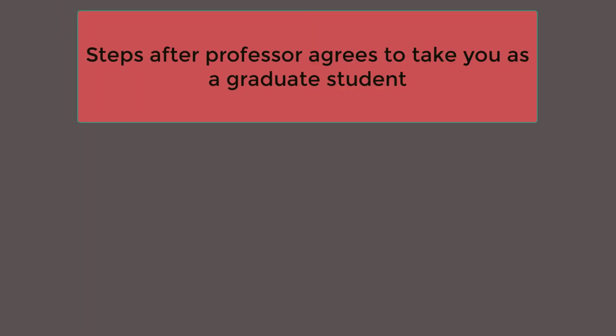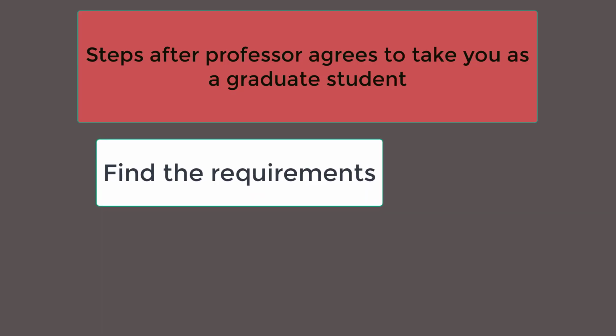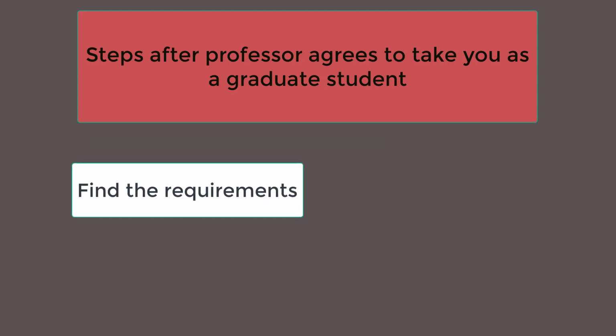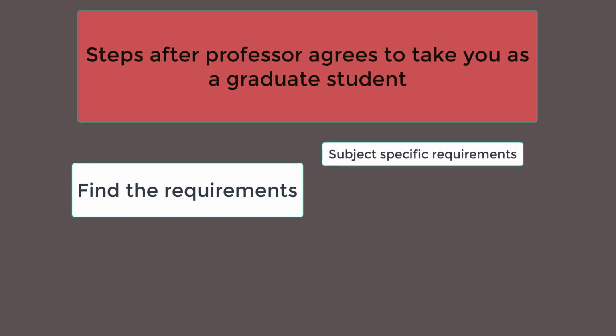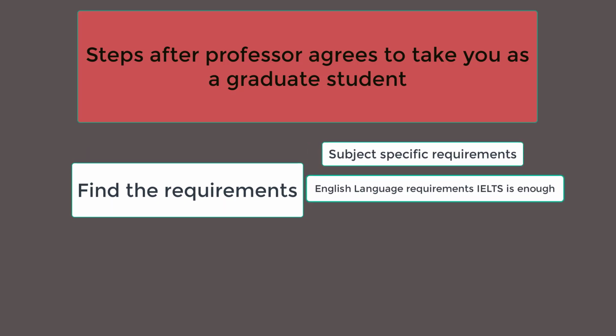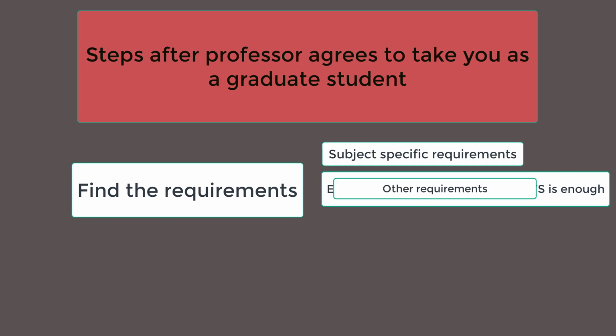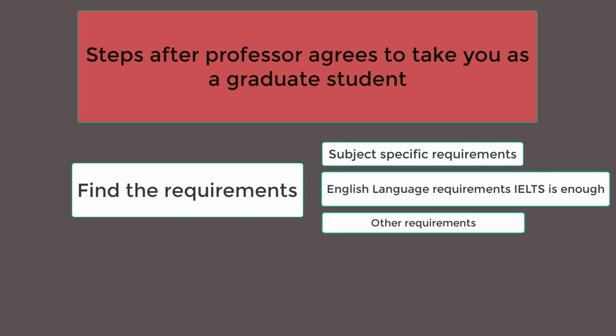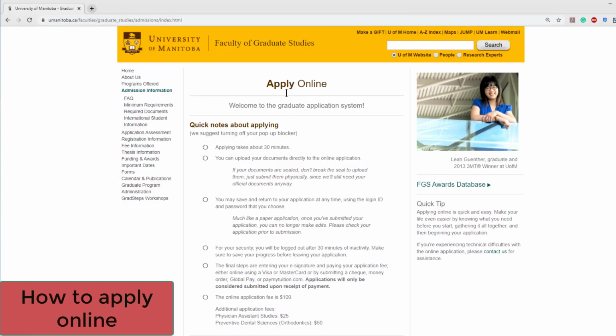So after you get approval from the professor, then you will have to find the requirements, and that could be subject specific requirement and also English language requirement, and in Canada IELTS is enough, and then there could be other requirements. So after you confirm the requirements, then you have to know how to apply online. So to apply online, you have to go to the application portal system of the university.